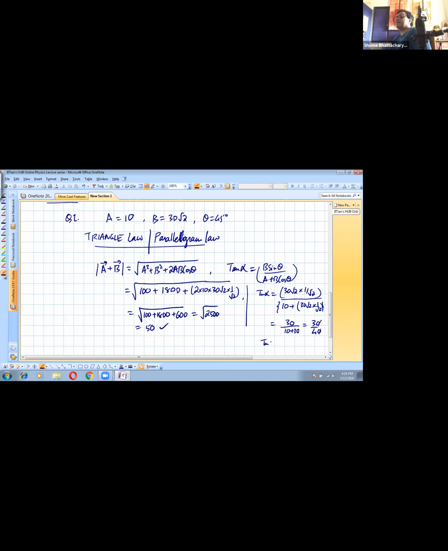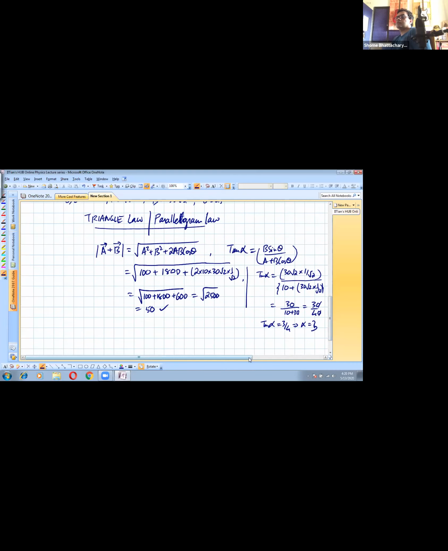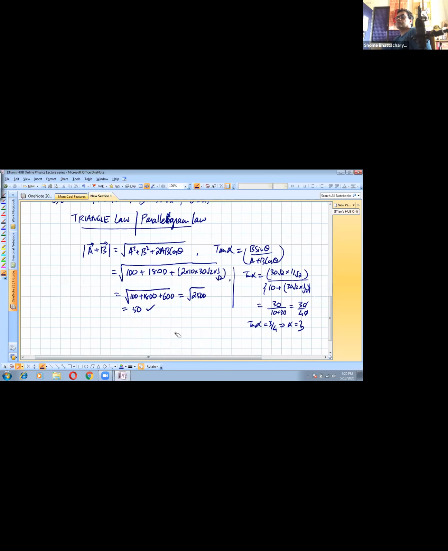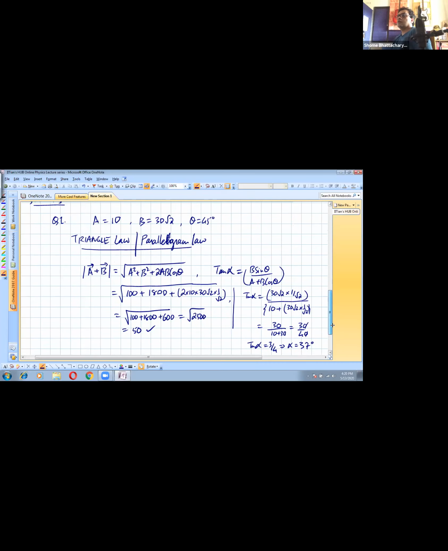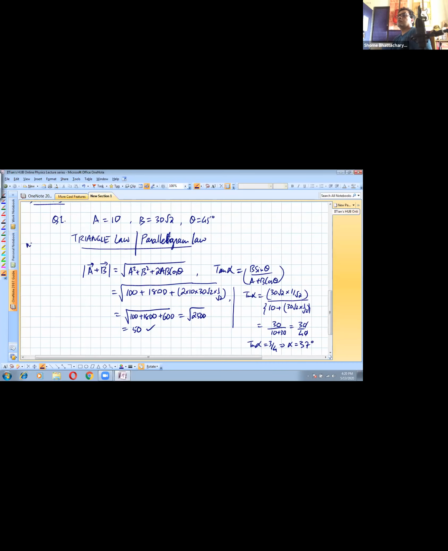So tan alpha equal to 3 by 4 implies that alpha is 37 degrees. That becomes our final answer. So this is the first method of solving this. Formula method, formula based method.